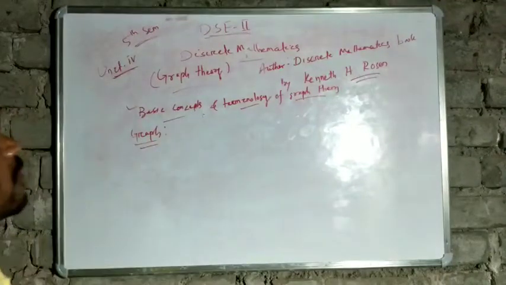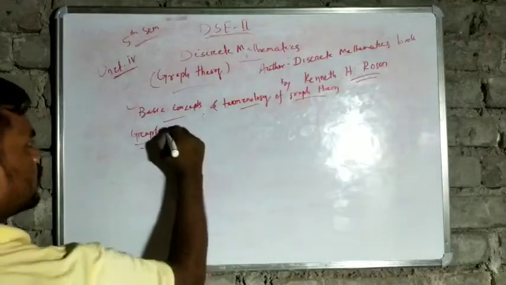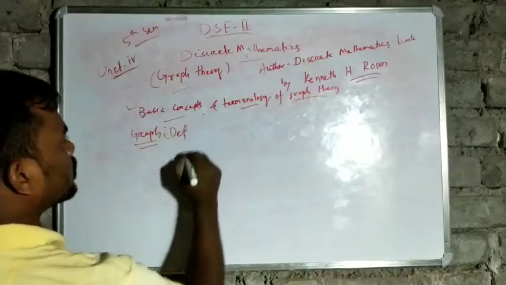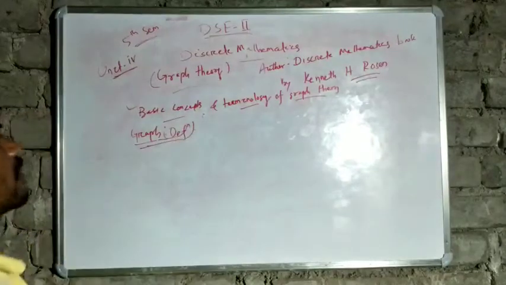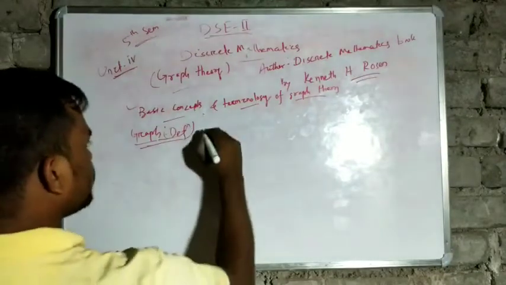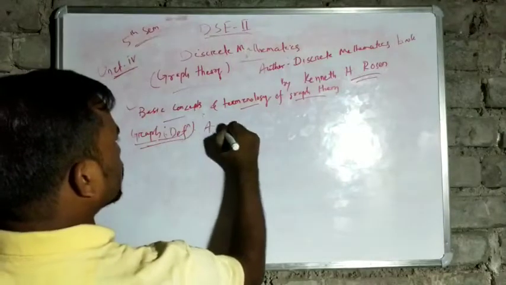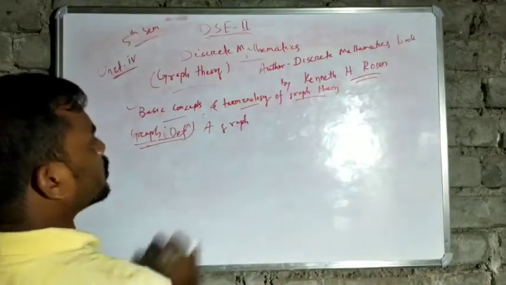So in graph theory, what is a graph? What is the definition of a graph?